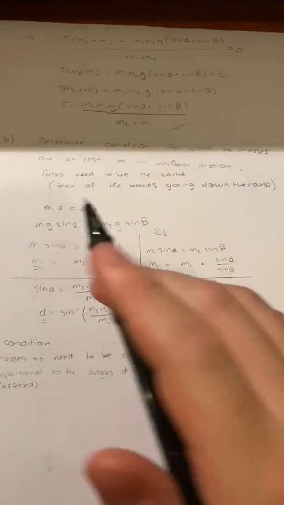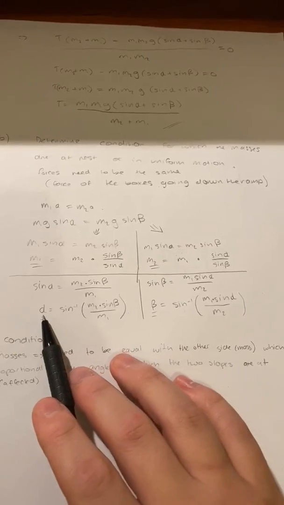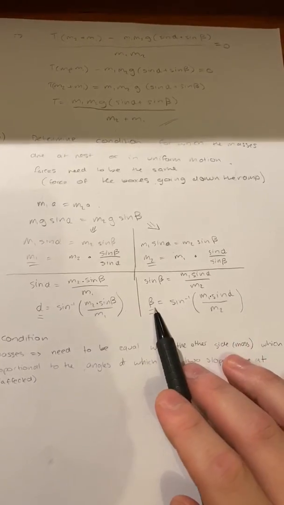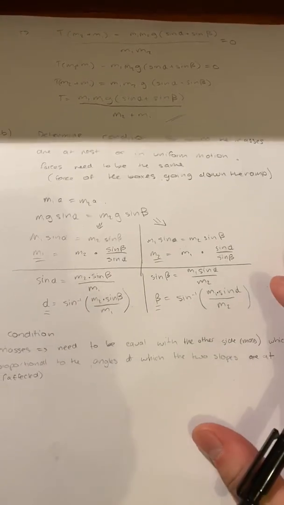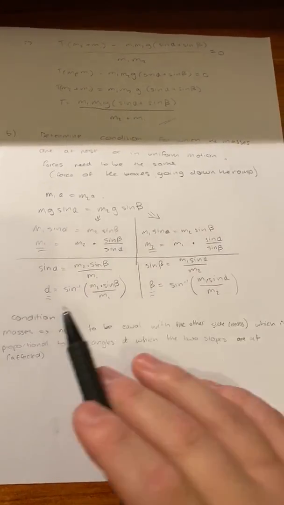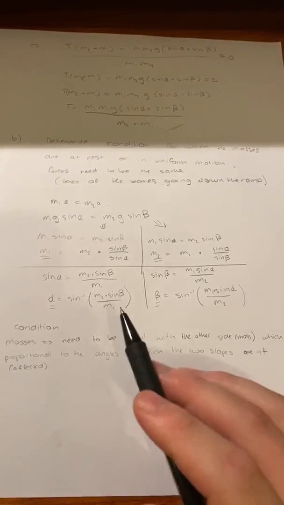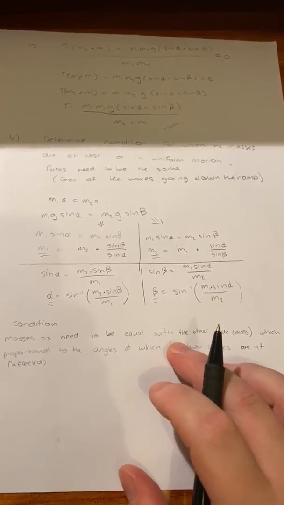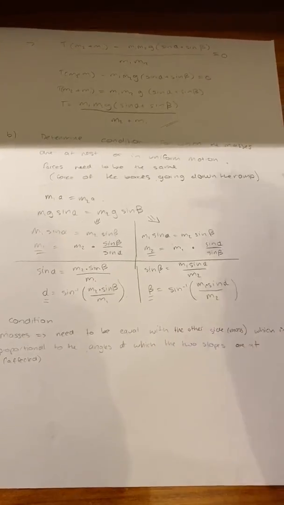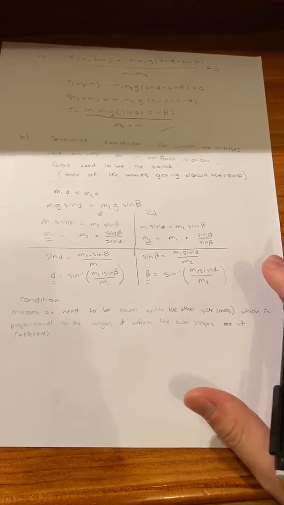So we're only working with the mg sine A and the mg sine B. From these we can get m1, m2, the A angle and the B angle with only 3 different terms of information. I wrote down here the condition: the forces can be equal to the other side, the mass on the opposing side from the one you're trying to work out.